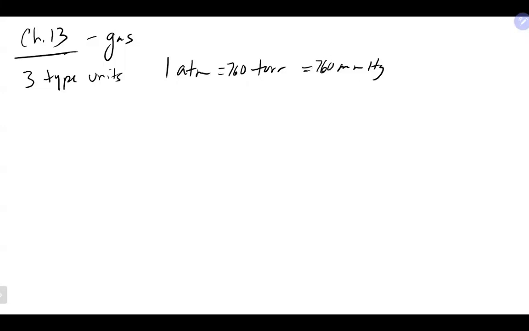And that is 760 millimeters of mercury, which means 760 is your magical number to do conversions. If we have atmospheres and want torr or millimeters of mercury, we multiply by 760.